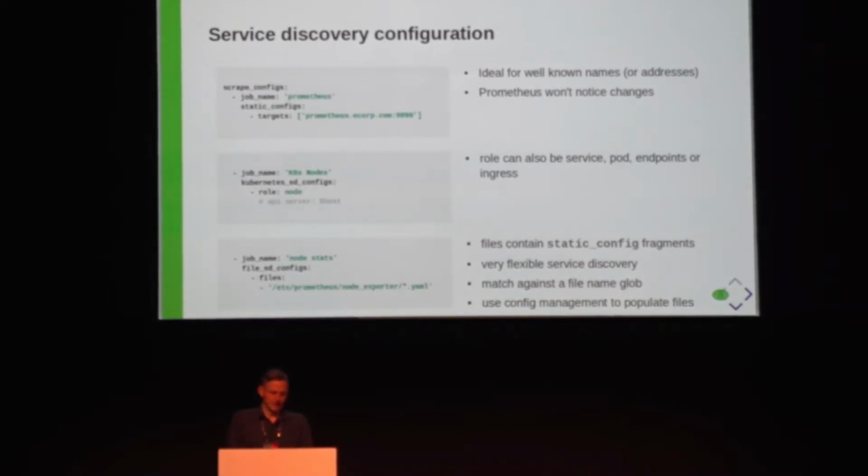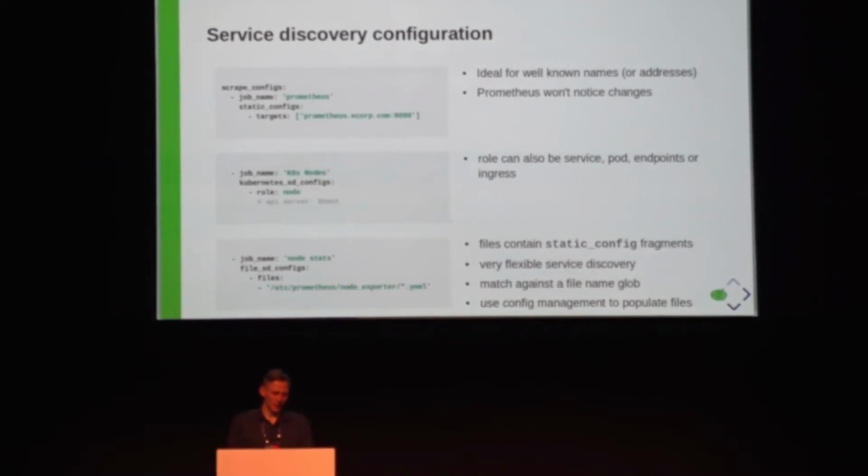And if you have targets that don't fall into one of the service discovery integrations like Kubernetes or so, this is really the one that you want to use. There's actually kind of a guideline upstream in Prometheus that they won't develop any new service discovery integrations because everything can be handled by this file SD config.